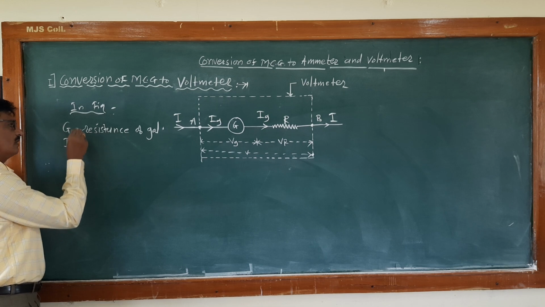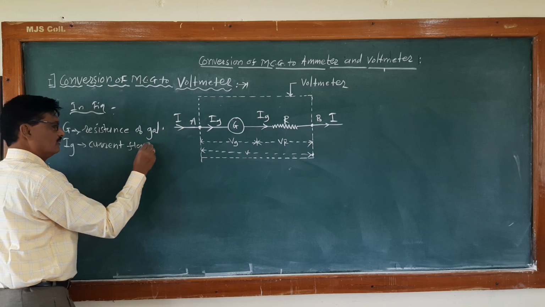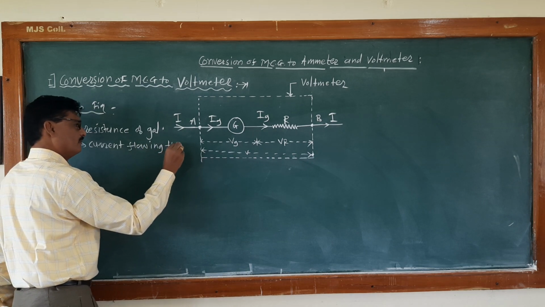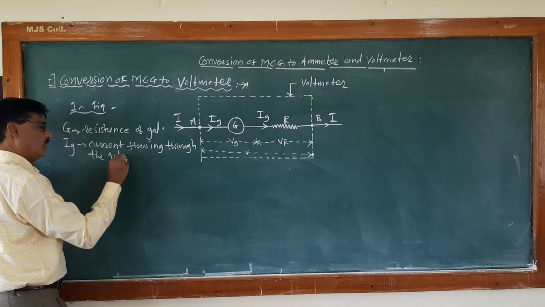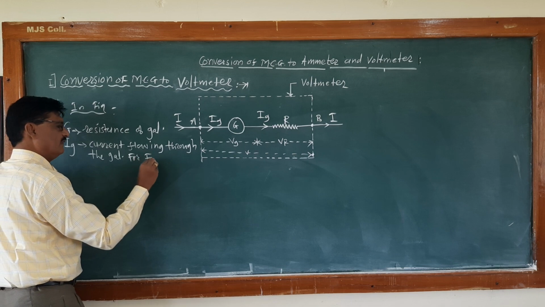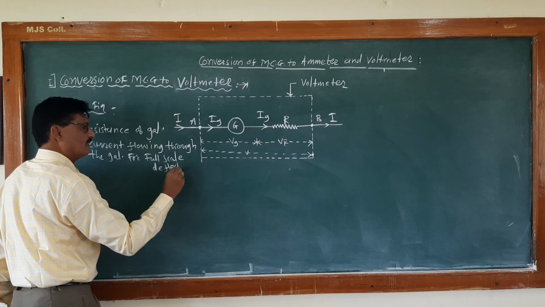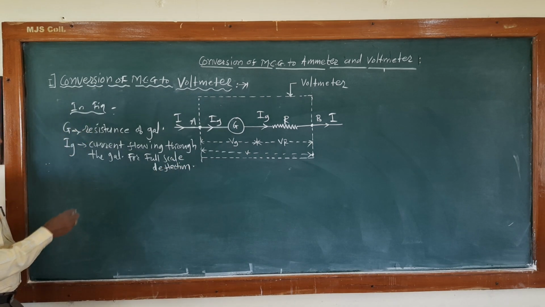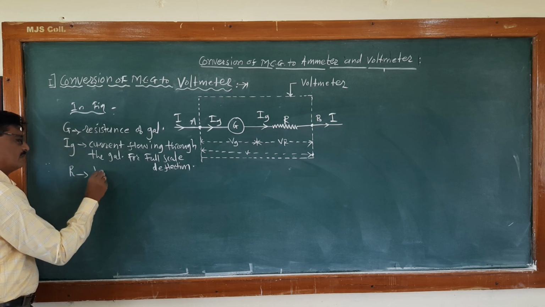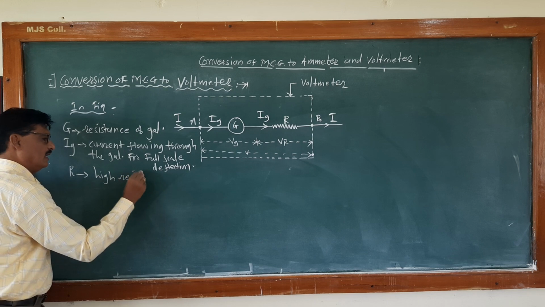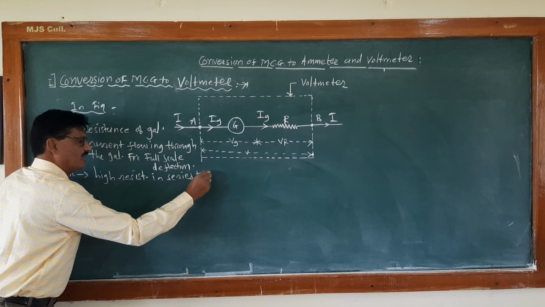Ig is the current flowing through the galvanometer for its full scale deflection. Then R is called the high resistance in series to the galvanometer.